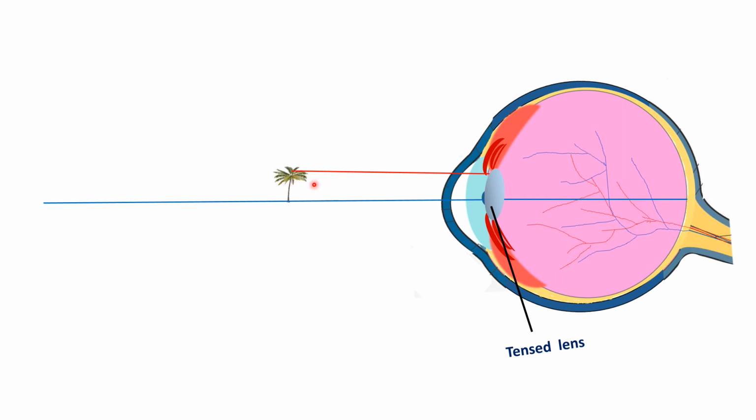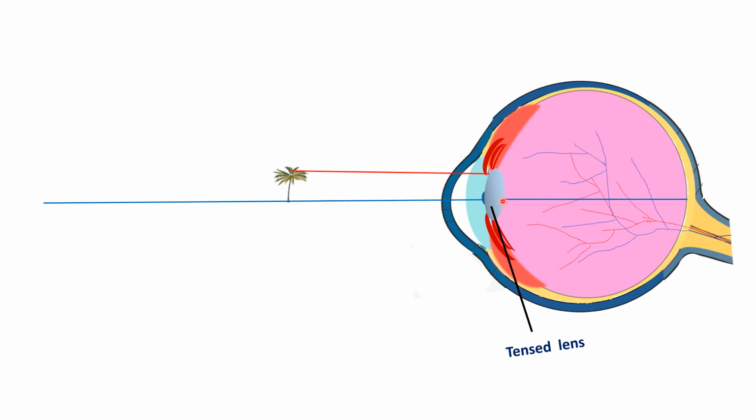Now the focal point of this eye lens will not be here. The focal point will be somewhere here. So the ray which is traveling parallel to the principal axis, after refraction it will pass through the focal point like this, because the focal point of the eye lens has been shifted from here to here.